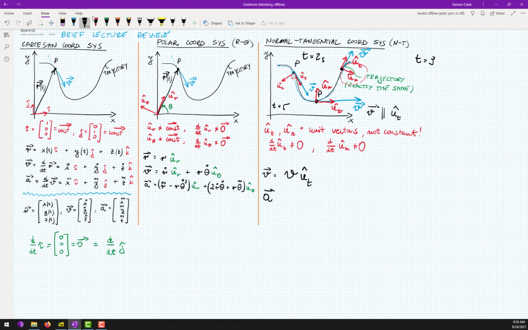So the definition does not change, yes? Acceleration is always the first time derivative of the velocity vector. So I'm just going to plug this guy in here. And this is a product rule.